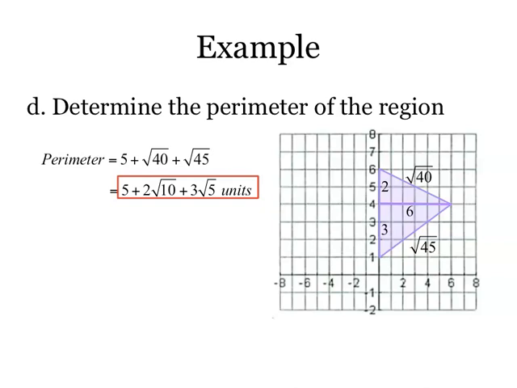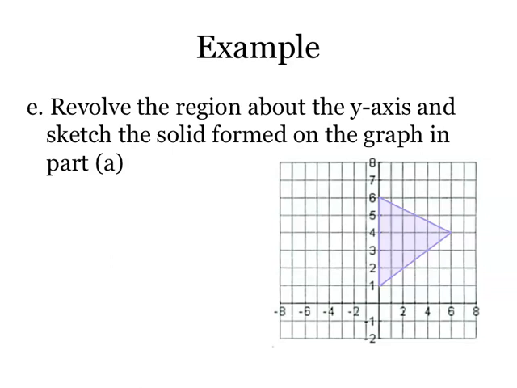Now let's work with this triangle and do some things with it within this coordinate plane. So let's see how that triangle is attached to the y-axis. What we're going to do is revolve this triangle around the y-axis, and then we are going to sketch the solid that's formed on the graph in part A. So take this triangle.